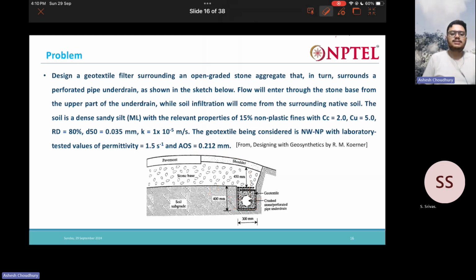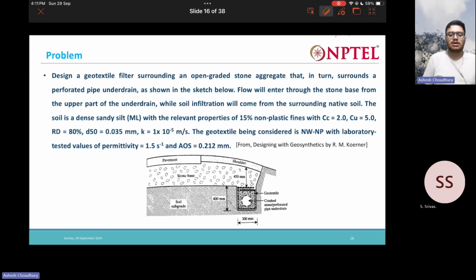The soil is a silty sand with 15% non-plastic fines, with Cc 2, Cu 5, and RD given. RD is nothing but the relative density, 80%. The D50 size is given. The coefficient of permeability is given. The geotextile being considered is a non-woven needle punched geotextile, so you already know what it is.